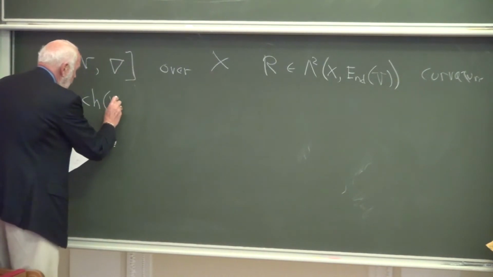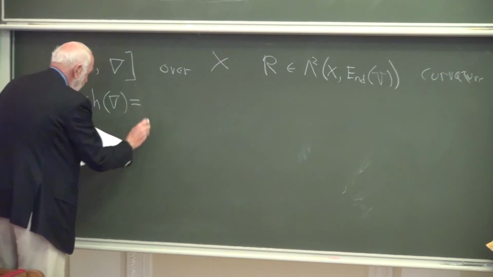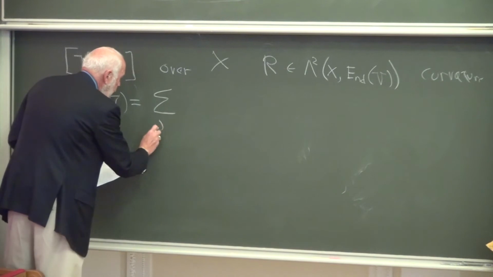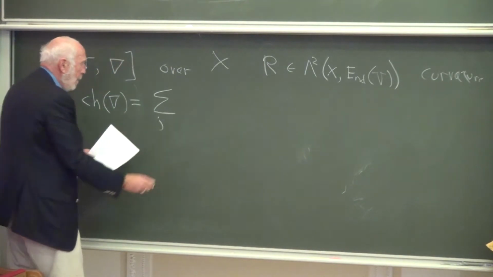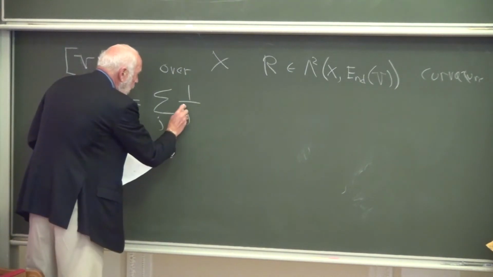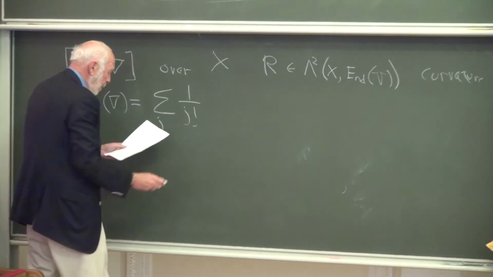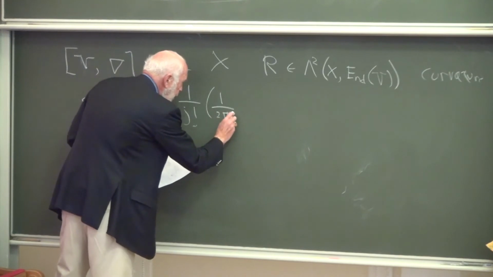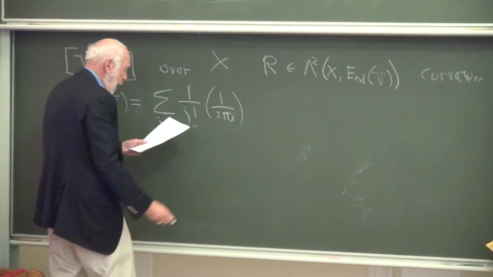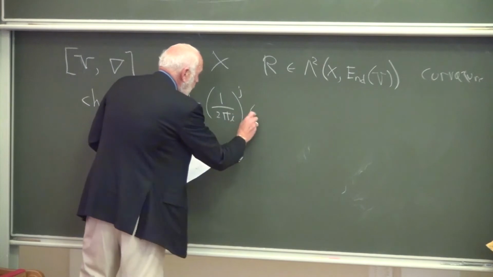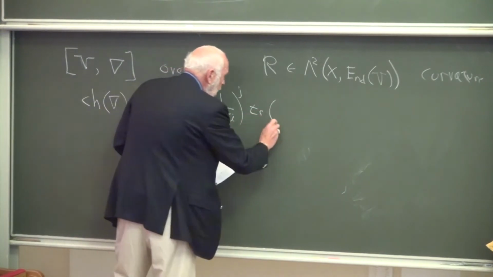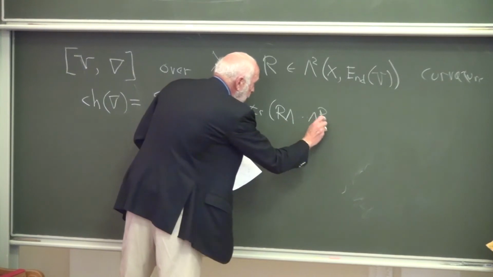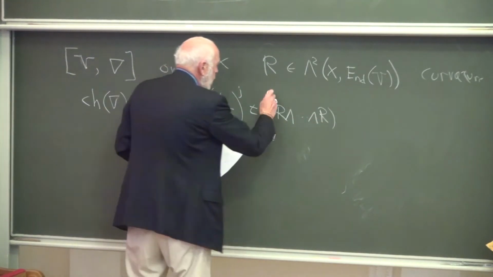I'm going to define Ch of del, which is the Chern character in terms of differential forms. It's summing on j, 1 over j factorial, 1 over 2 pi i to the jth power times the trace of R wedge R, j times.